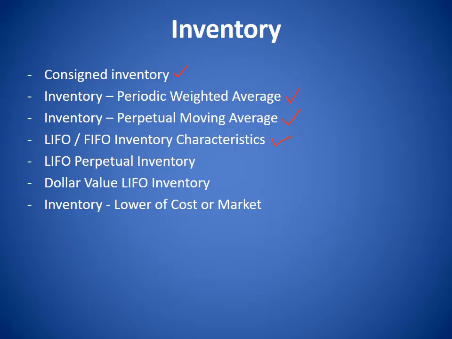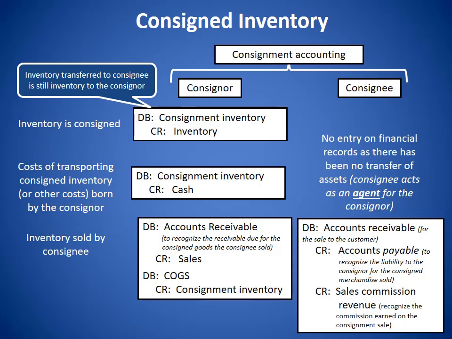Also, we're going to do LIFO under perpetual inventory, dollar value LIFO, and inventory as lower of cost or market. So let's go on now and take a look at accounting for consigned inventory.